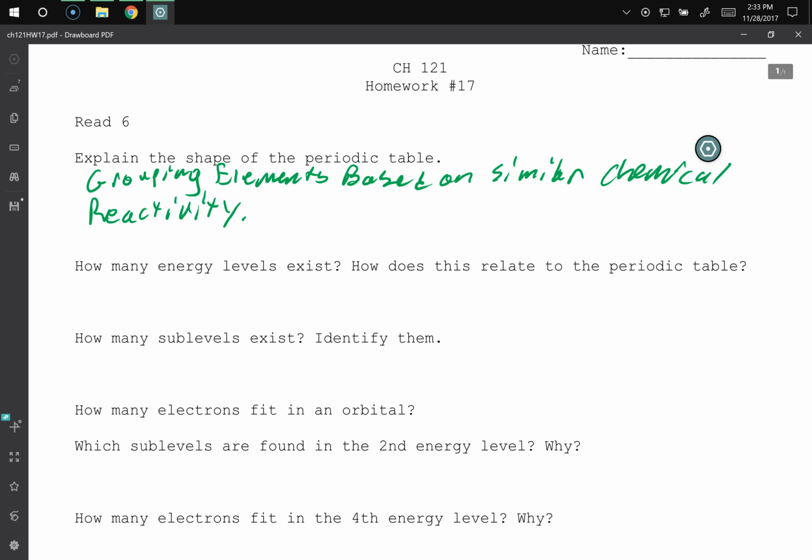But see, we're talking about chemical reactions, right? Based off of what we've talked about so far, a chemical reaction is fundamentally what? Electrons.